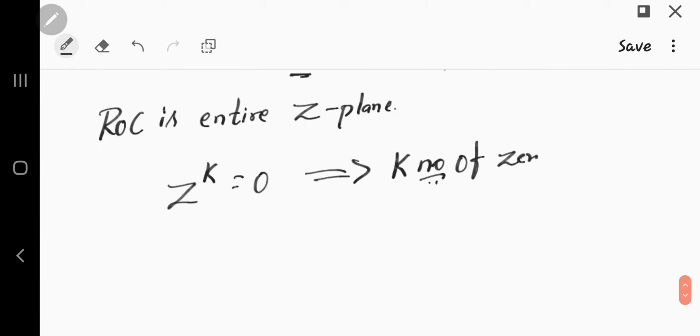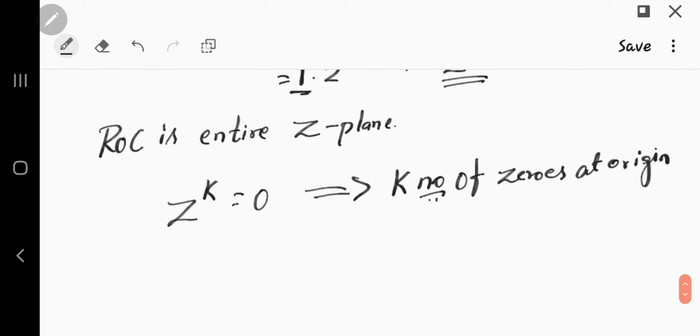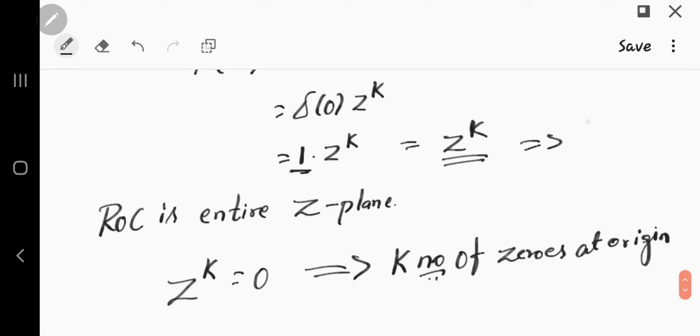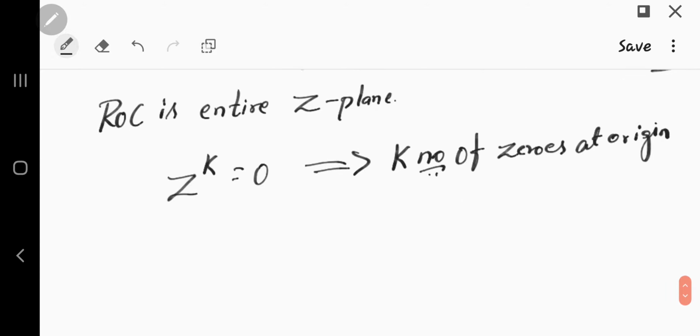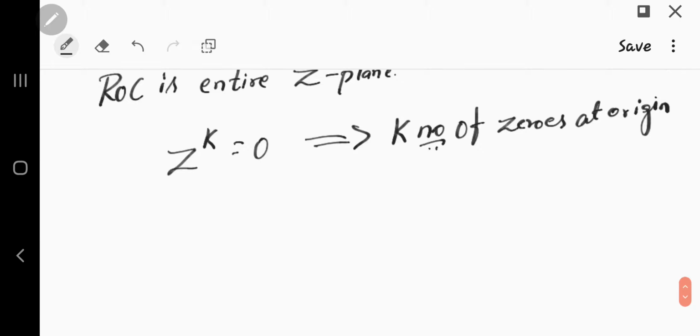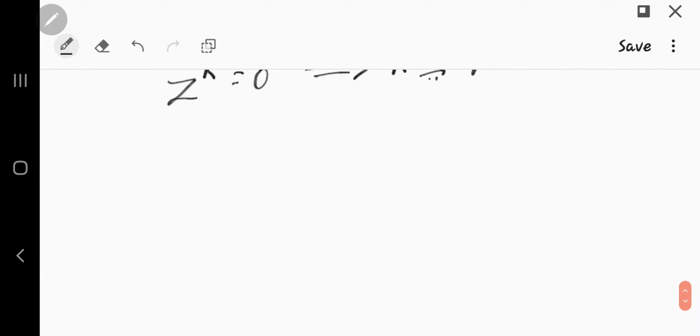So z power k equal to 0 means we have k number of zeros at origin. How? We can express this as z to the power of k by 1. So this gives you zeros and this gives you poles. We don't have any z in the denominator, so no poles there. In the numerator we have z to the power of k; equating to 0 will give you the location of zeros, which is origin. Now ROC is the entire z plane.